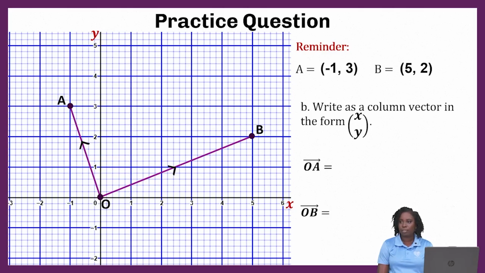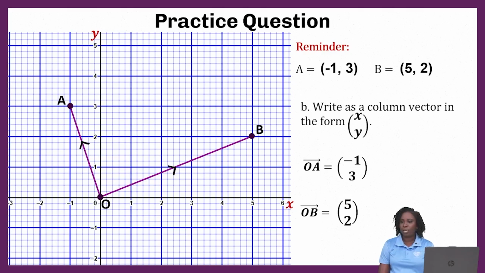But this works in terms of the coordinate in comparison to the vector because the origin was (0, 0). And so we can just take our coordinate and place it into a vector, which is (-1, 3). Likewise for OB, same thing. So (5, 2), because our origin was (0, 0).